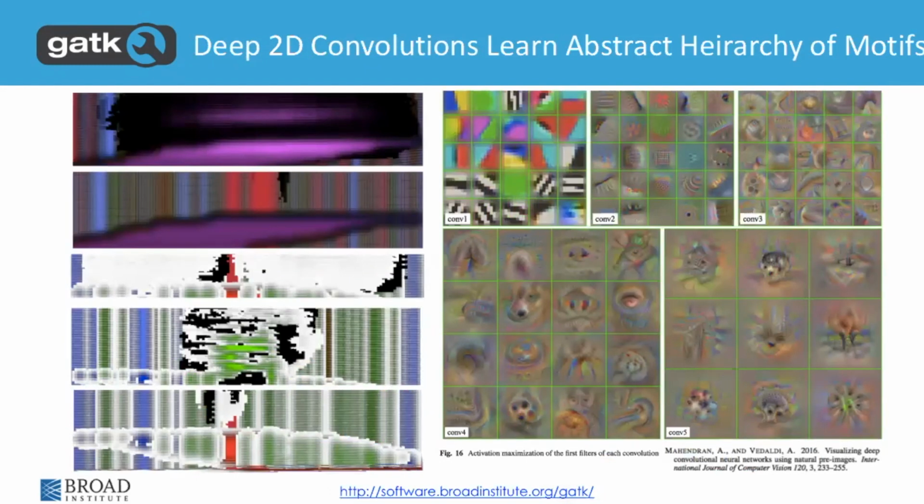And so on the right is an example from natural image processing, and there's a way to show what kind of patterns excite neural networks.